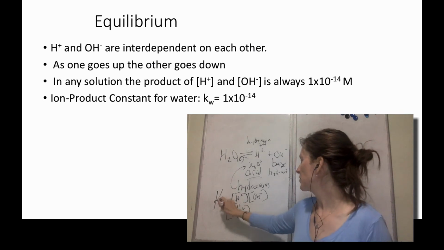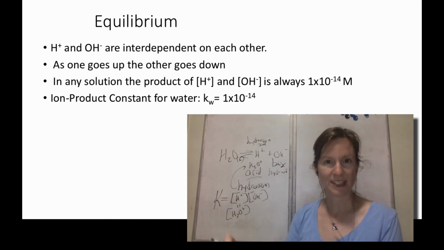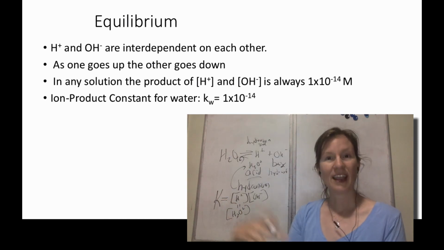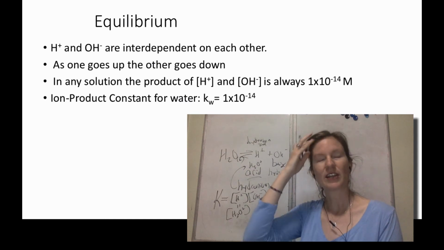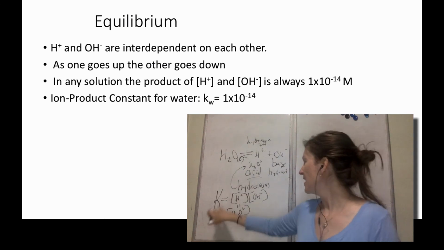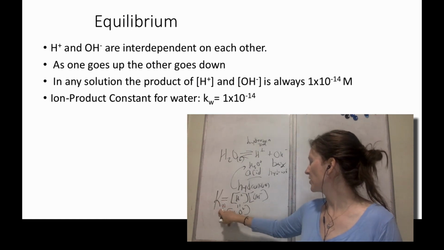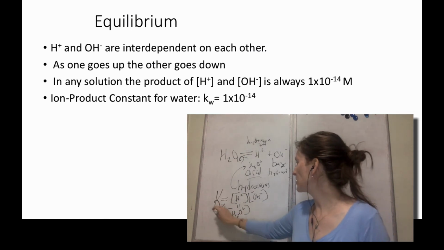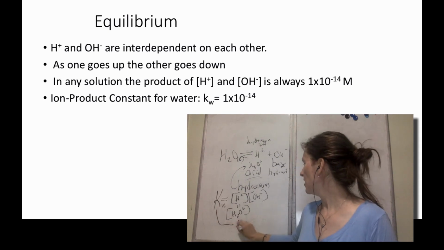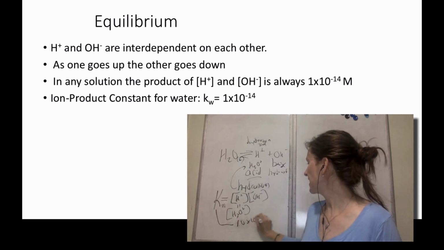So this is our equilibrium expression for water, always. And unlike in our equilibrium last time, where K was really random, this K is actually named Kw, which is the constant for water, and that K is always going to have a value of 1.0 times 10 to the negative 14.